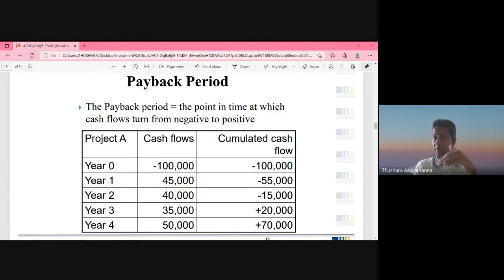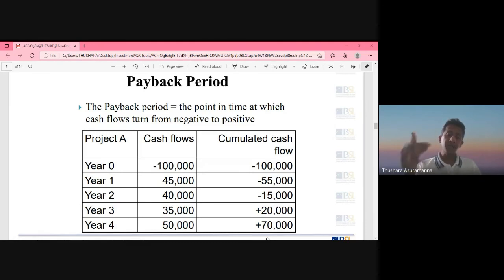So then what's the payback definition? It is the point in time at which cash flows turn from negative to positive. So it means that minus 15,000 is at the end of year 2. Then somewhere down in year 3, that 15,000 will come to 0. That is the point we call payback. In order to recover that 15,000, we have money left. That is year 3 cash flow, 35,000.